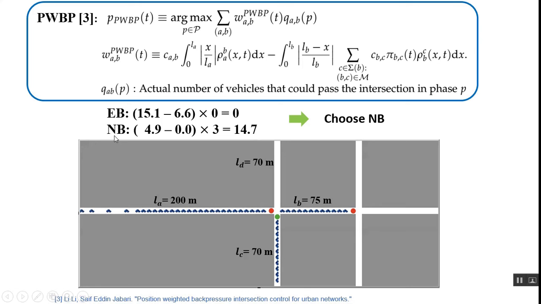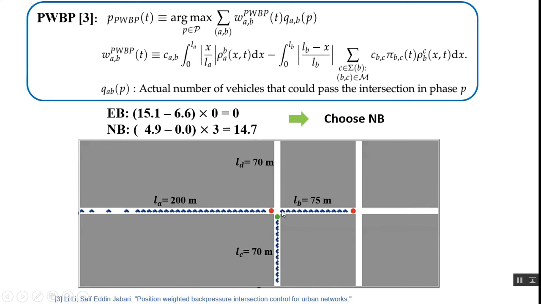For the northbound movement, we can see this part equals 4.9 and this part equals 0, since we have no vehicles. And then the QCD. The QCD is the actual number of vehicles that could pass the intersection during the phase of northbound.